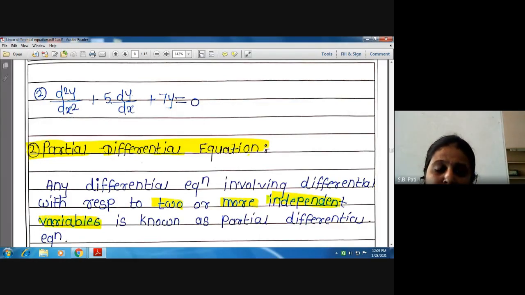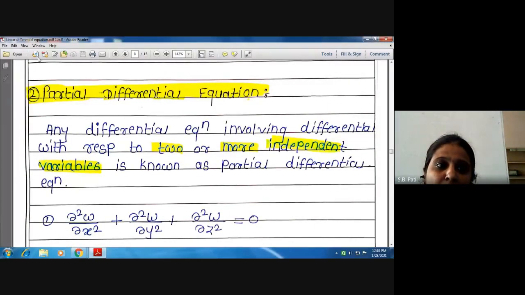In the second term, we also differentiate y with respect to x. So here we differentiate with respect to a single independent variable x, so it is an ordinary differential equation.